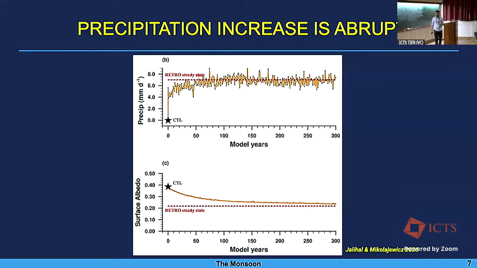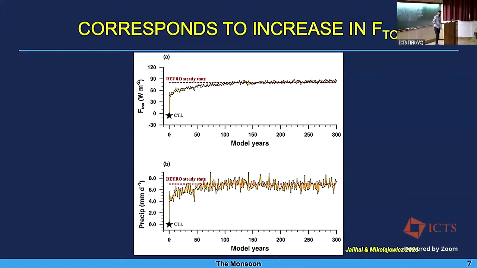So we have only one realization. Now, here is precipitation in the bottom part of the figure. In the top plot is F2R, the net radiative fluxes over this region.